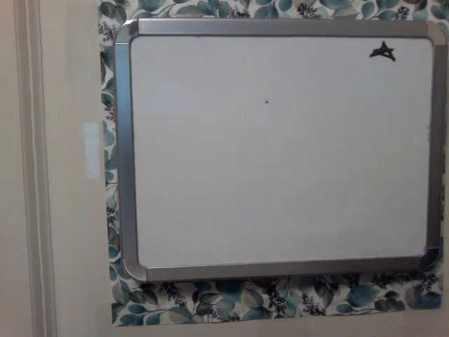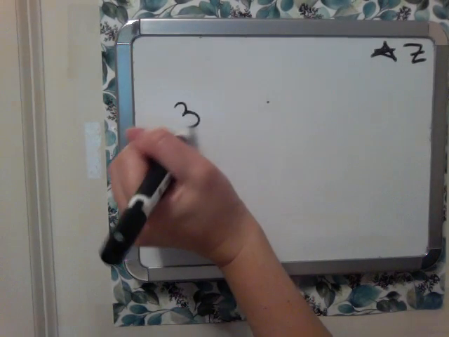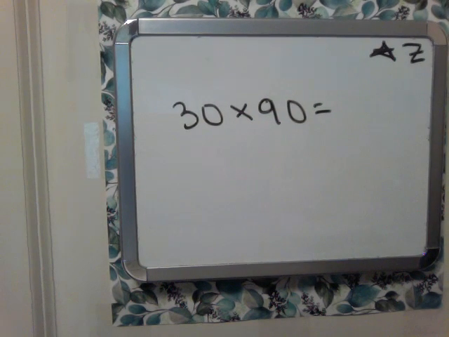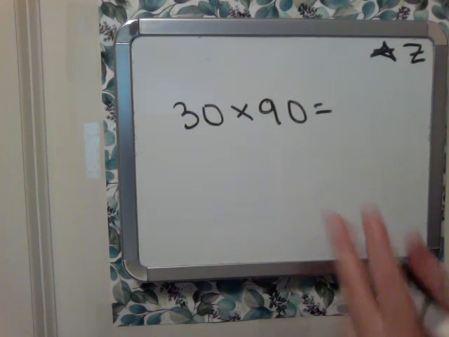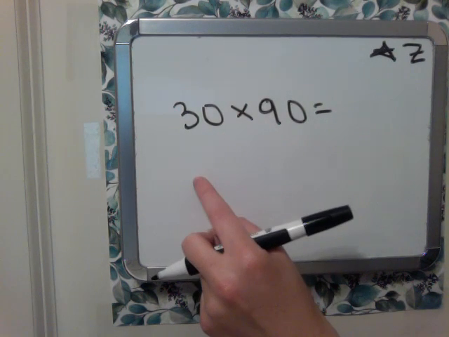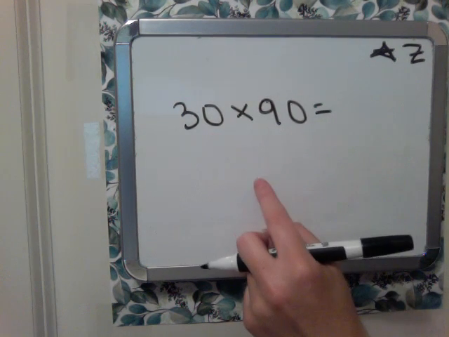All right, after patterns, we have the 0 rule in multiplication. So we have 30 times 90. You may remember yesterday I talked about for each 0, you move it over 1 place larger in the place value chart. Because there's 2 zeros, you're going to be moving it 2 places over.